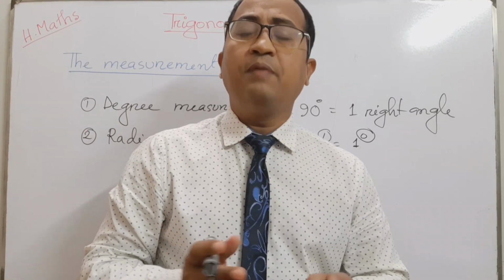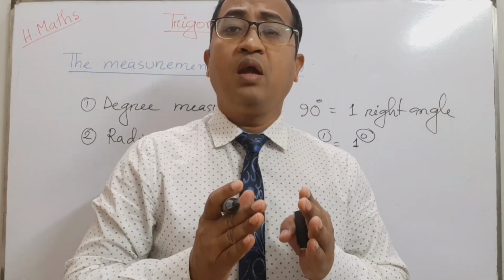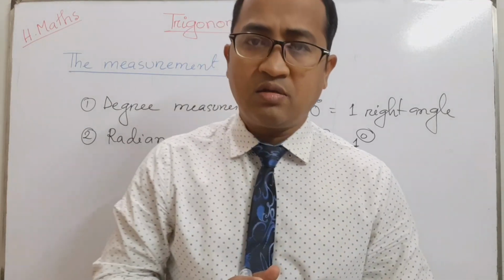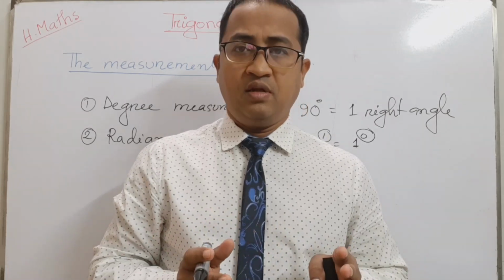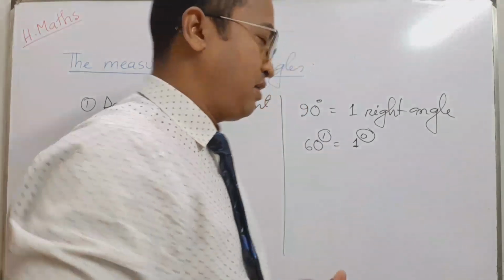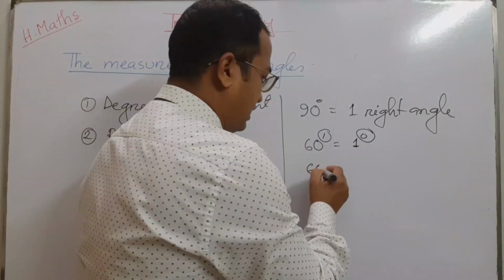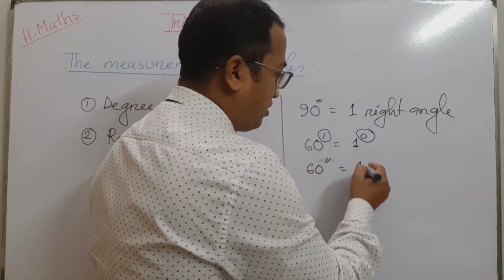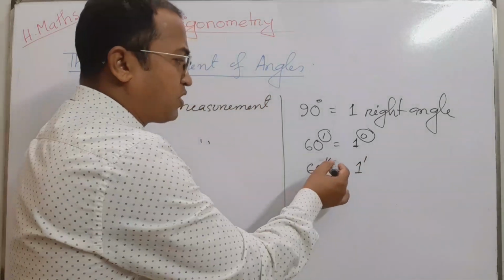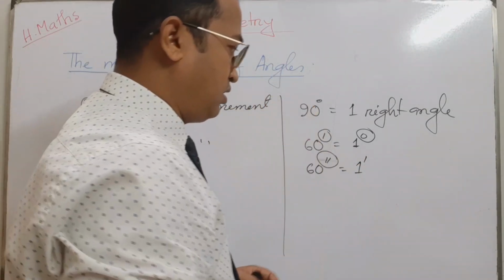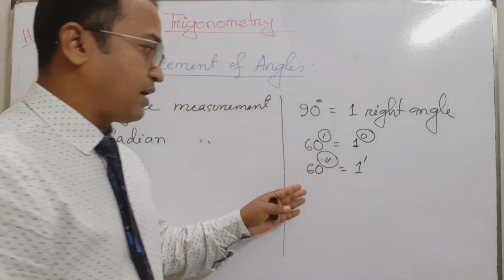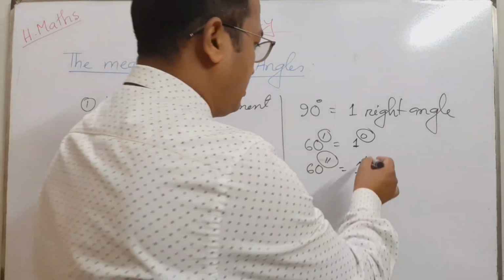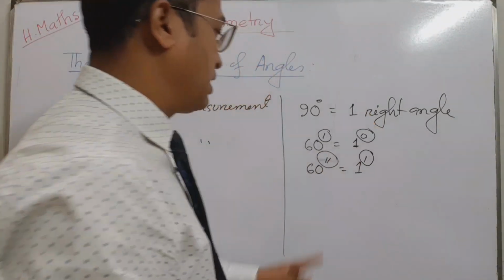Now again, if you divide 1 minute into 60 pieces, it will be 1 second. That is, 60 seconds equals 1 minute. Look, two inverted commas is the symbol of second, and one inverted comma is the symbol of minute.